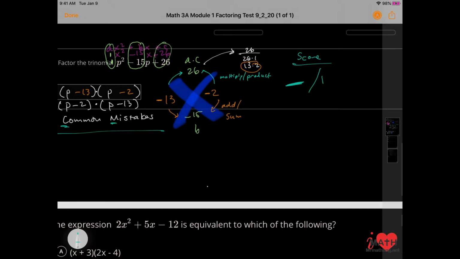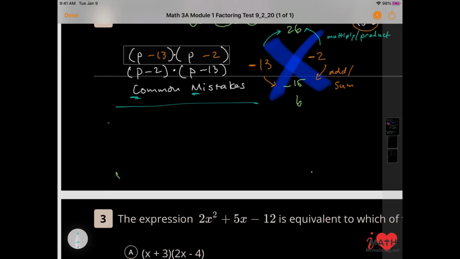So whatever you got, the max score is 1. So you would have gotten 0.9 points if you did something like this, x minus 13, x minus 2, for having the different variables. So wrong variable.